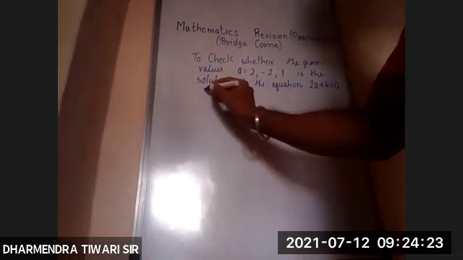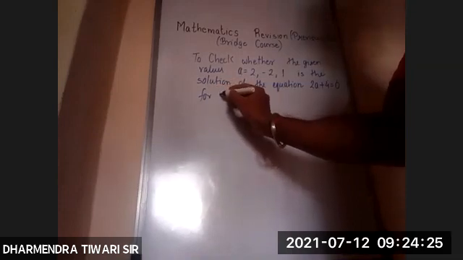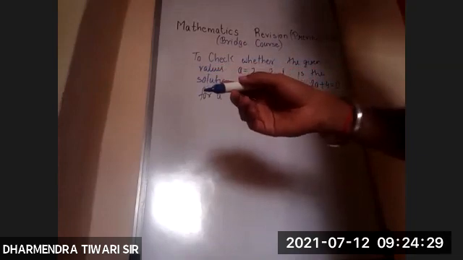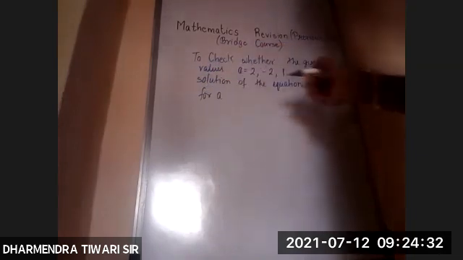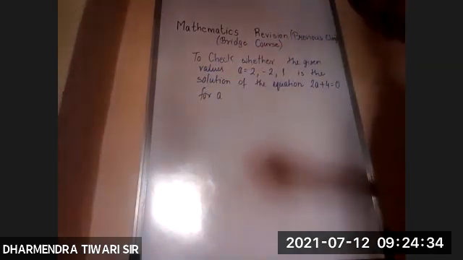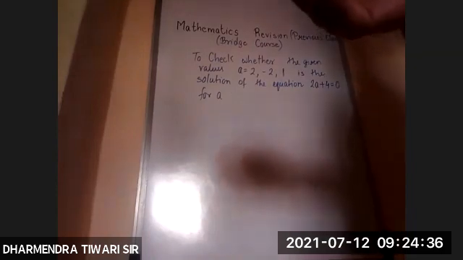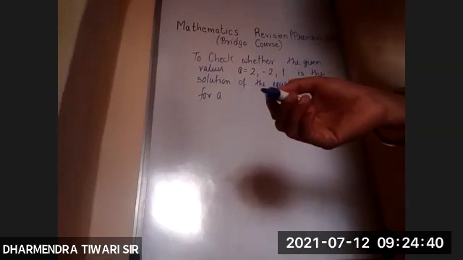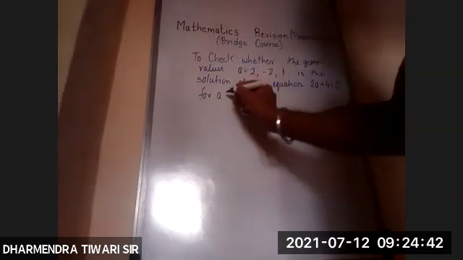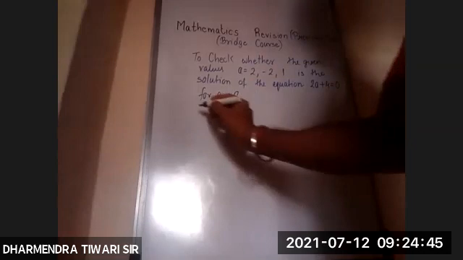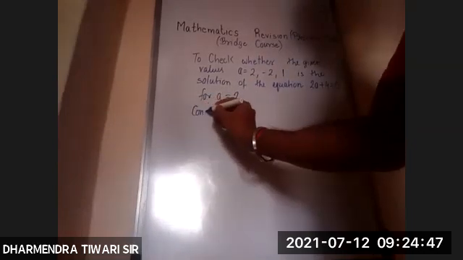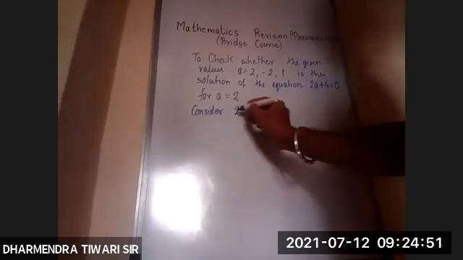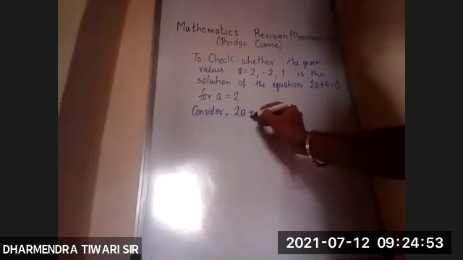Let's start for a. As they have given us the three values, we will check it one by one. If we will be getting answer as 0, we will conclude the value of a to be a solution. If we won't be getting it, then we will say that it is not a solution. So for a equal to 2, consider 2a plus 4.